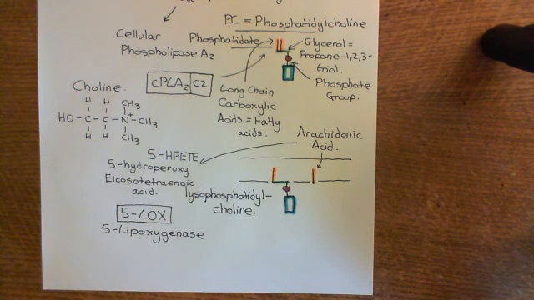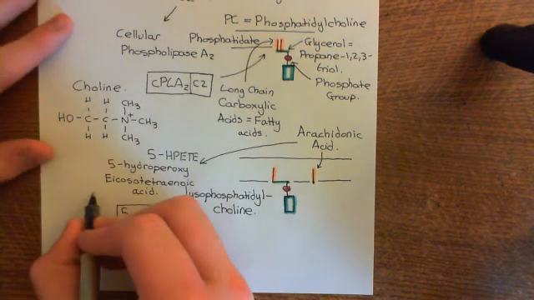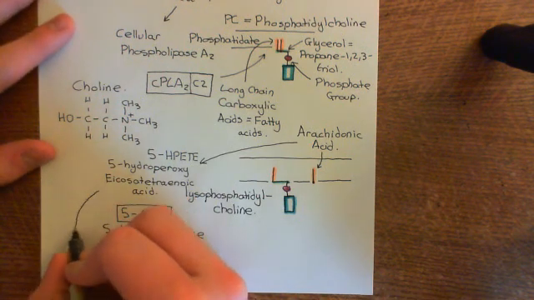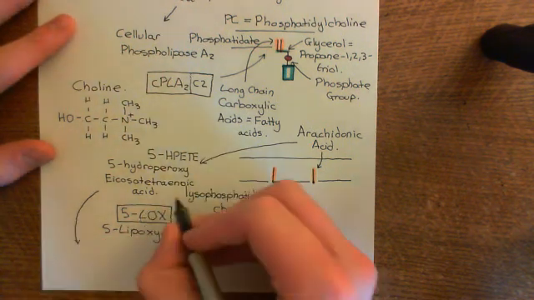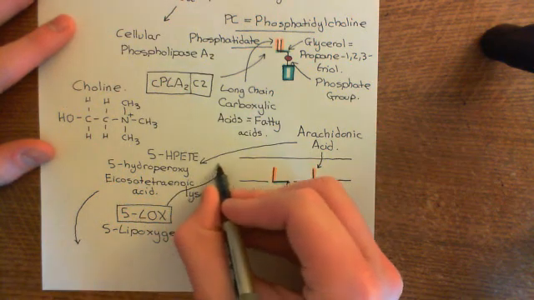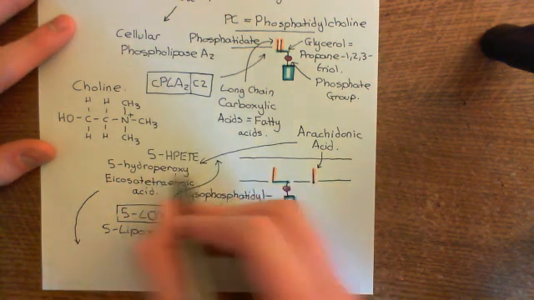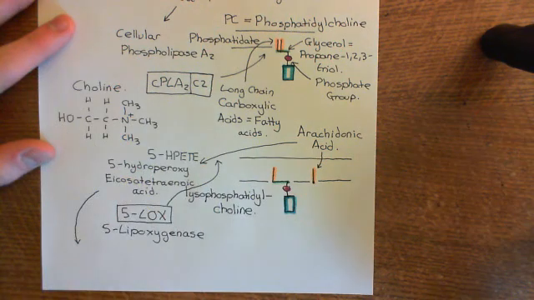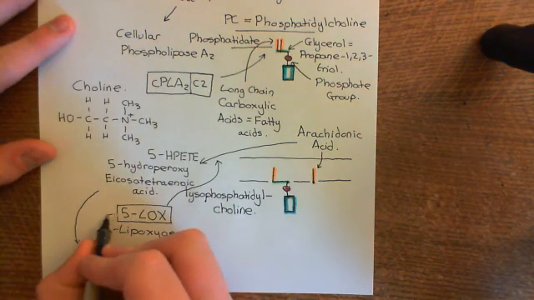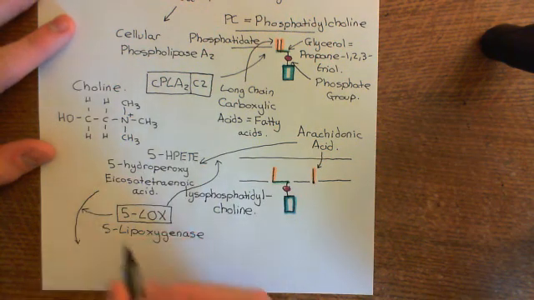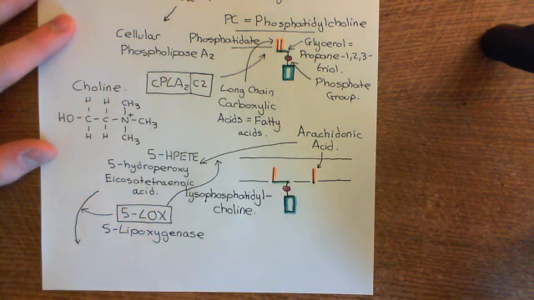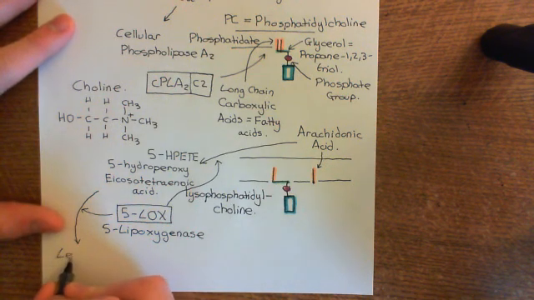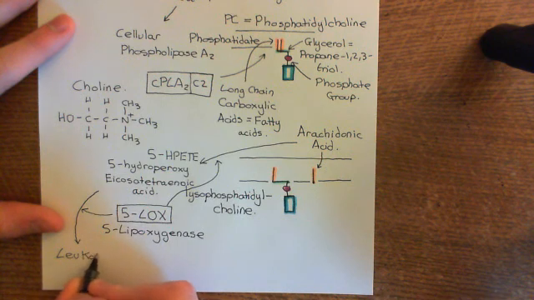So this is 5-hydroperoxy icosatetraenoic acid that we're going to produce, and then 5-lipoxygenase will convert it even further. That's not the only conversion 5-lipoxygenase is going to catalyze. It's going to firstly convert arachidonic acid into 5-hydroperoxy icosatetraenoic acid, then it's going to convert that into a molecule known as leukotriene A4.